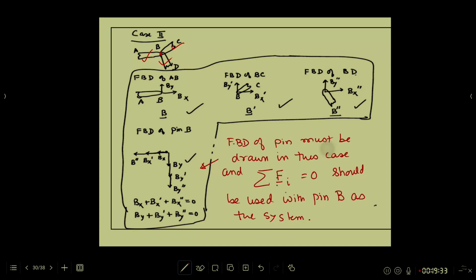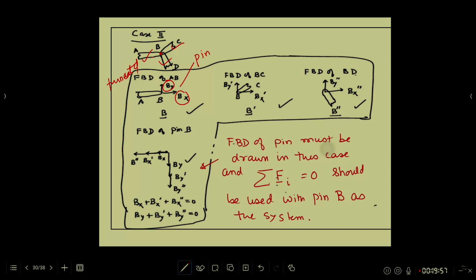If I draw truncated FBD of AB, like before, I put Bx and By, and if I ask you who is exerting Bx and By, you should be able to tell me. Pin on, by pin on AB. Fine. I go to the next member, FBD of BC.